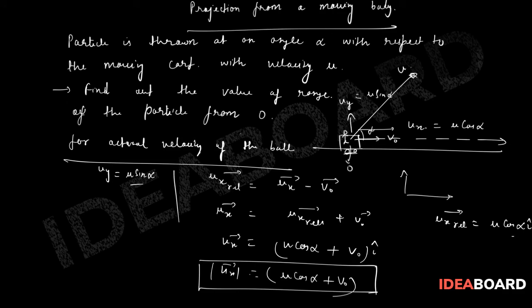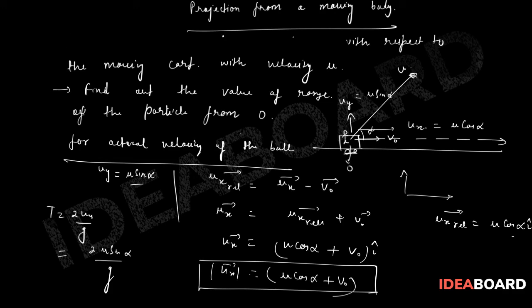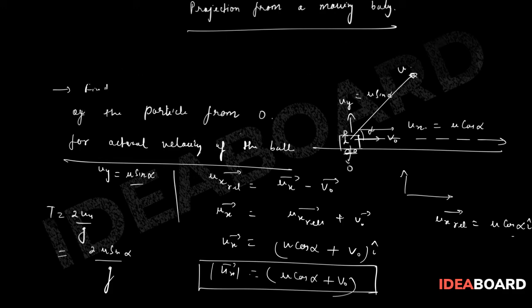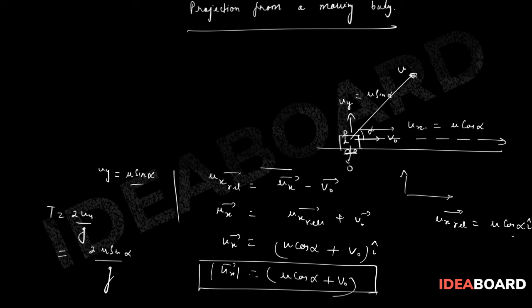Now if vertical velocity is not changed, that means time of flight will be the same. Time of flight will be 2uy by g, that means 2u sin alpha by g, but the range is definitely changed. Why? Because this time horizontal velocity is getting changed, right? So range, how do we calculate range?